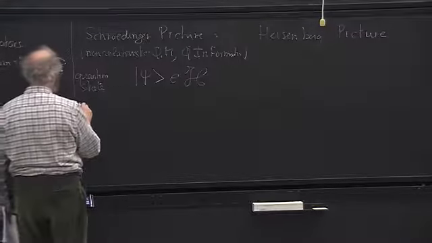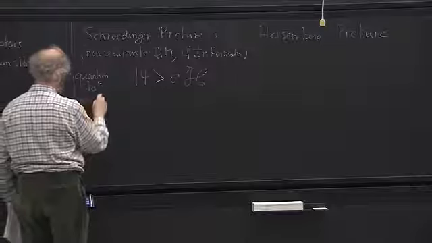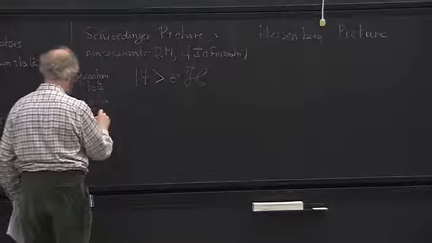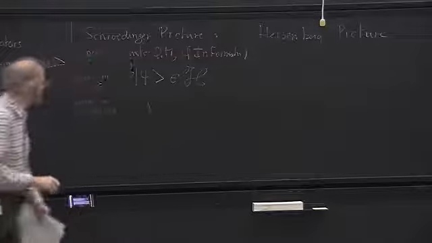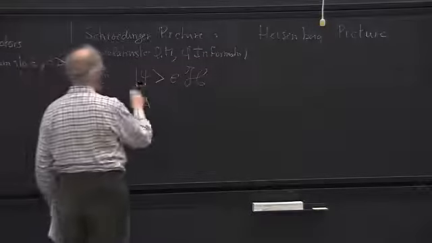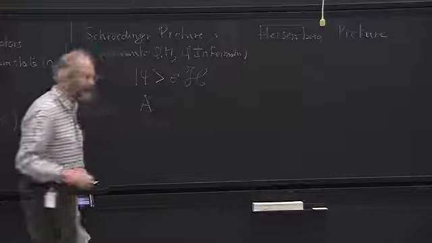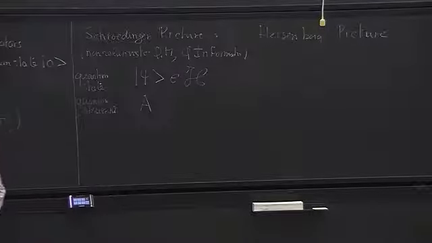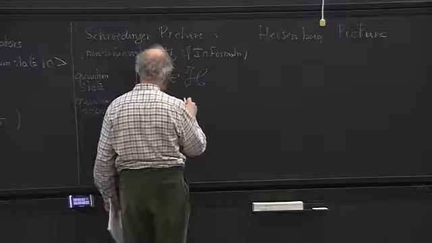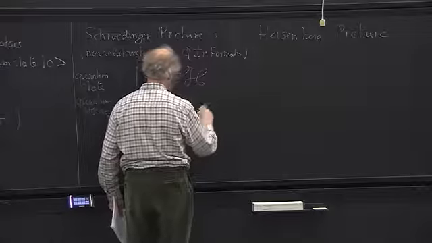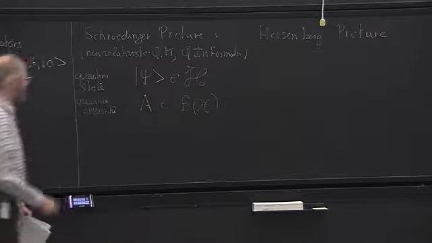A quantum observable is described by some operator. So this is a state, a vector, and this is an operator acting on the Hilbert space. So it's an element of an algebra of operators defined on the Hilbert space. Let's call it, for instance, the algebra of bounded operators of the Hilbert space.